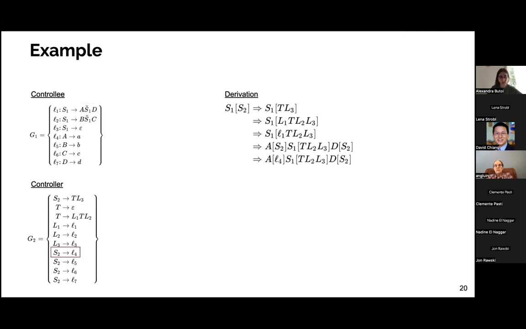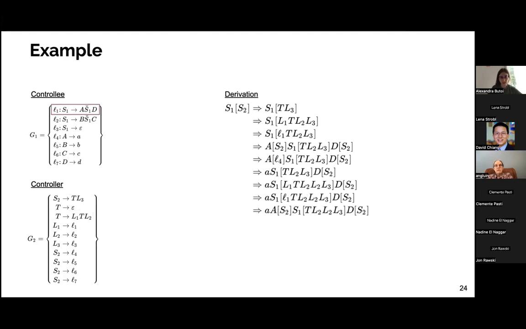Okay, and so on. Then S2 gets rewritten as L4, and then we can apply the rule L4 and derive a, and so on until we derive the whole string. But the other steps are exactly the same.